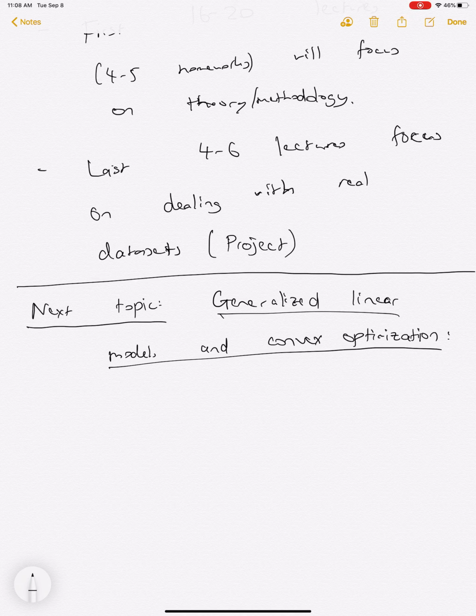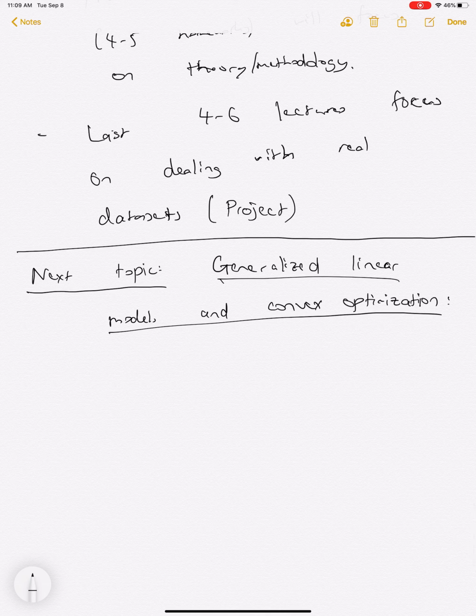So not just the linear models that we saw before. What's cool about this is that it ties very much to convex optimization. I touched on that at the end of the previous lecture, because it's a nice segue into this part of the course, where convexity is going to be an important property, and that's going to be useful when we talk about algorithms such as gradient descent or other algorithms.